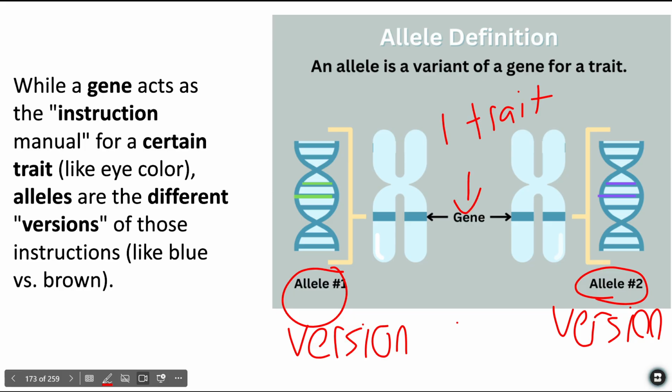Now, these alleles can be different from each other. For example, allele 1, let's say, came from mom, and it's green, so this version is green. And allele 2 came from dad, and this version is purple. So the genes are the same gene. They're the same section of DNA from both mom and dad, but the versions, the alleles, are different from mom and dad.